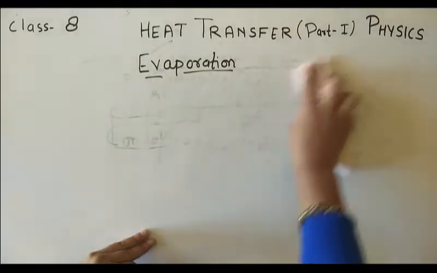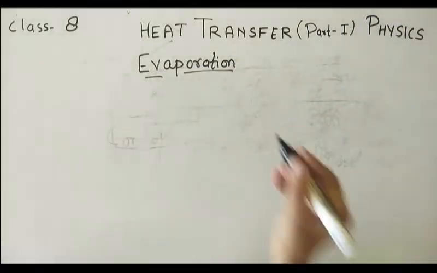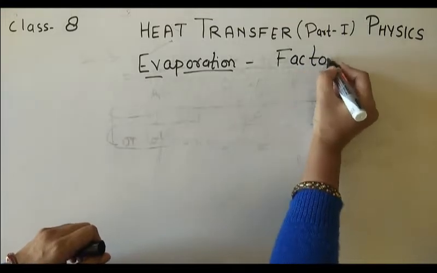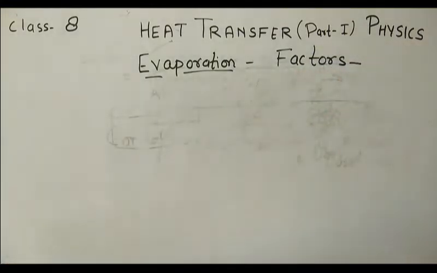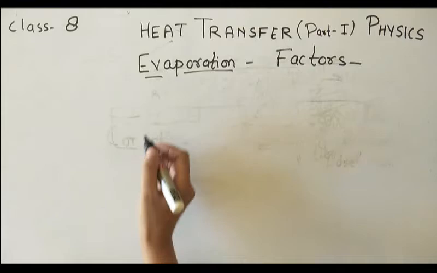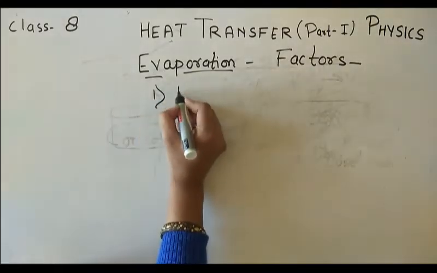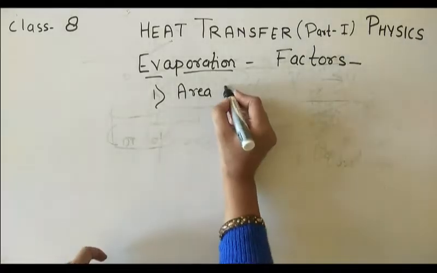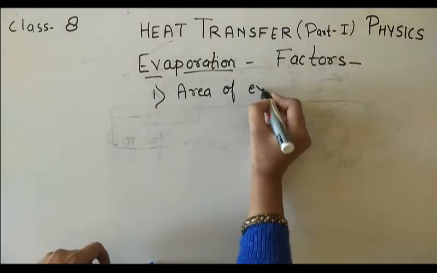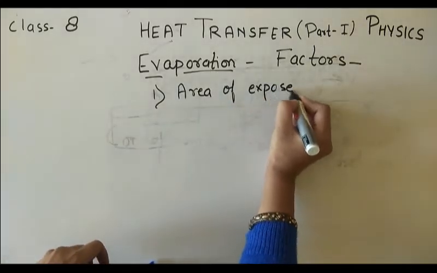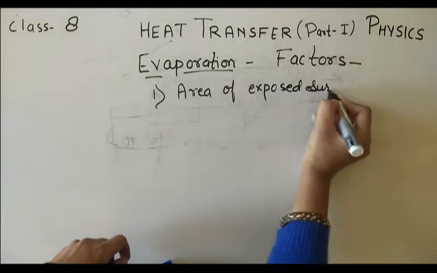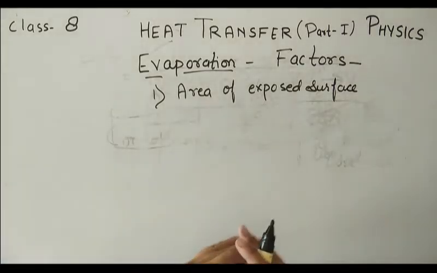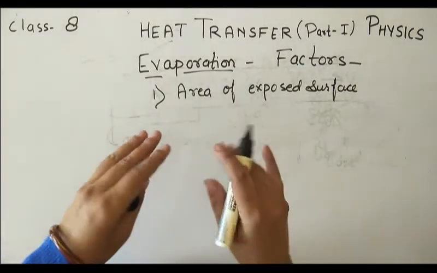Now let us see the factors that affect the rate of evaporation. It is also very important. First is the area of the exposed surface. That means the greater the area of the surface, the greater the evaporation.